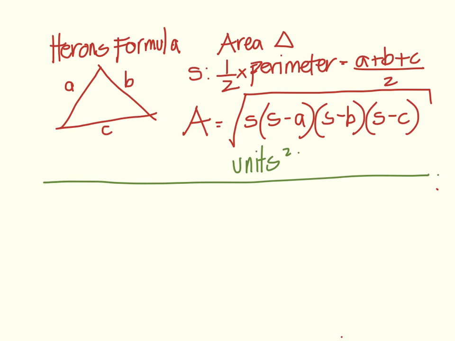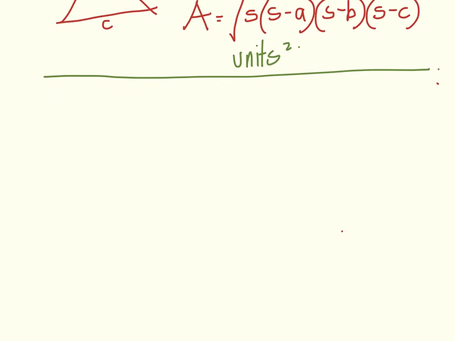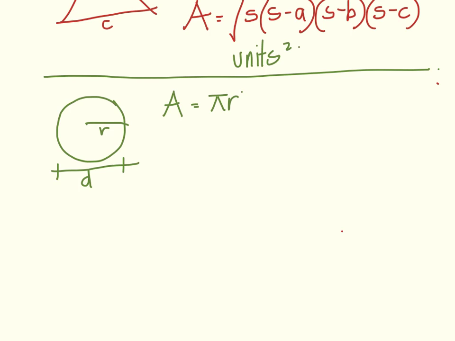Okay, right, and then the next thing we need to worry about is circles, areas of circles. So once again we have the radius and we have the diameter. Area of a circle is pi r squared.